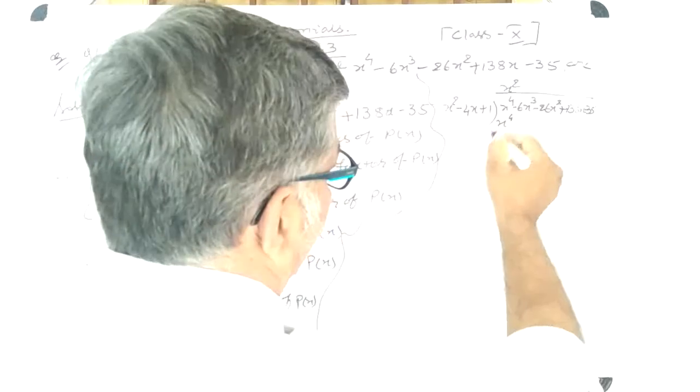So it will be x to the power 4 minus 4x cube plus x square. Subtract this, change the sign, so this gets cancelled. Now it will be minus 6x cube plus 4x cube, minus 2x cube. Minus 27x square plus 138x minus 35.